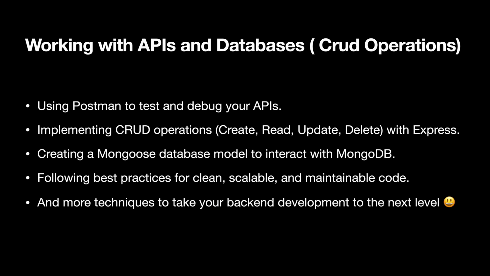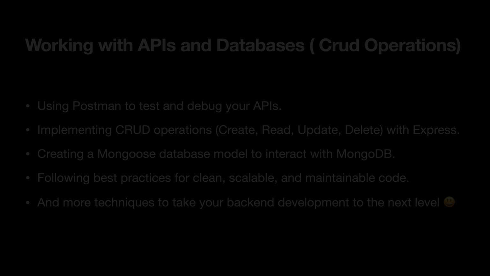Here's what you'll learn in this section: using Postman to test and debug your APIs, implementing CRUD operations with Express.js, creating a Mongoose database model to interact with MongoDB, following best practices for clean, scalable, and maintainable code, and more techniques to take your backend development to the next level. By the end of this section, you'll be able to build complete APIs, test them effectively, and connect them to a database with confidence.